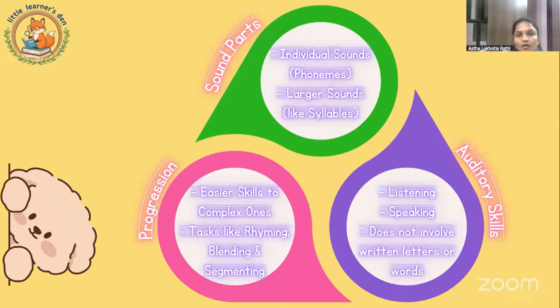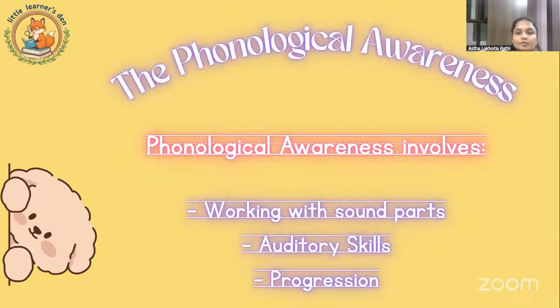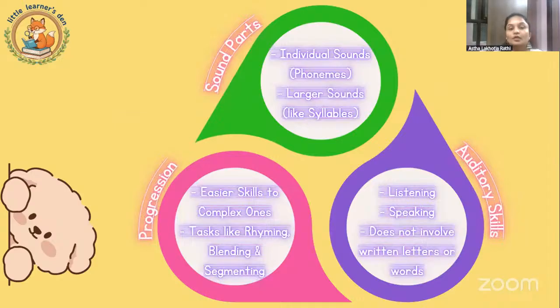Sorry, I skipped this one. So what does it include? Working with sound parts, auditory skills, progression. Now we will see these in more detail. The sound parts are the individual sounds and the larger sounds. Auditory skill is listening and speaking. It does not involve the grapheme, the written letter.